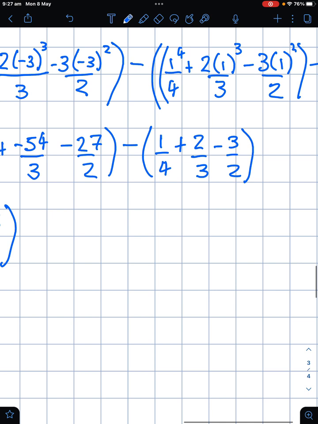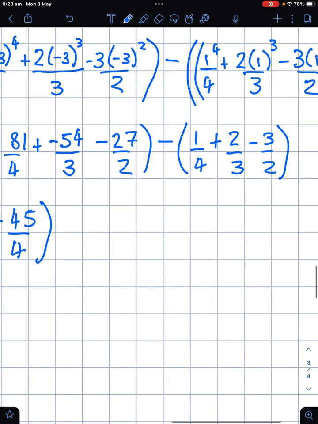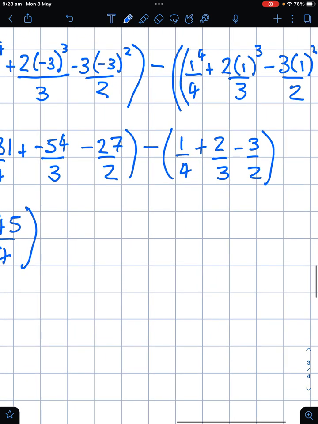Okay, and then this other bit here, we've got 1 on 4 plus 2 on 3 take 3 on 2, which equals negative 7 on 12.